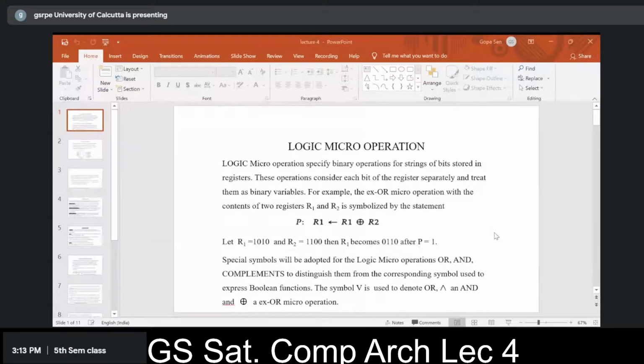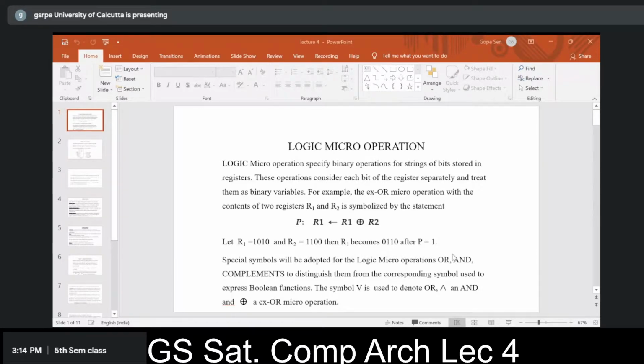Now, there are 4 different types of logic micro operations which will be used in our machines. They are known as OR operations, AND operations, XOR operations, and complements. Now, the symbolic representation of OR and AND will be different from those of the arithmetic operations, subtract or add.